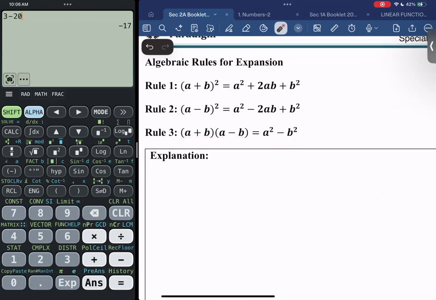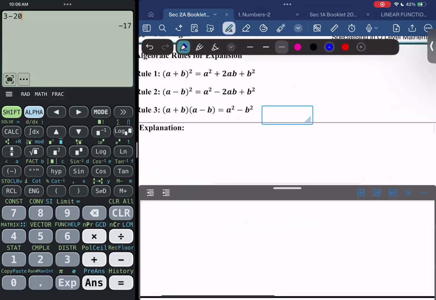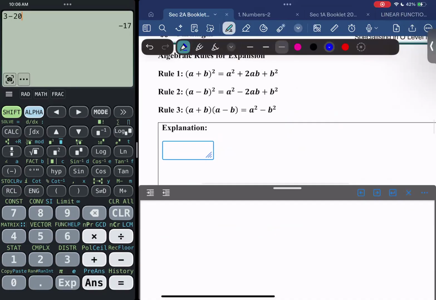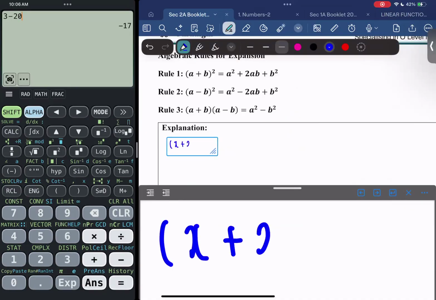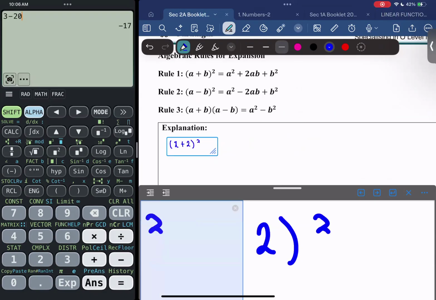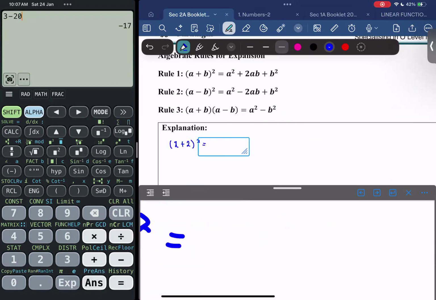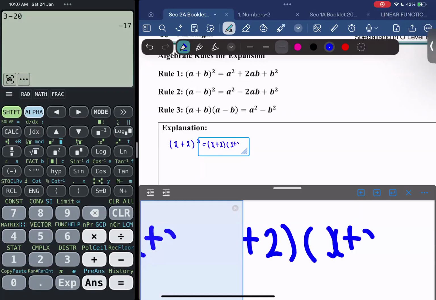So what does this mean? Example, let's say we have (x plus 2) square. When we rewrite it, before opening up, it is (x plus 2) times (x plus 2).